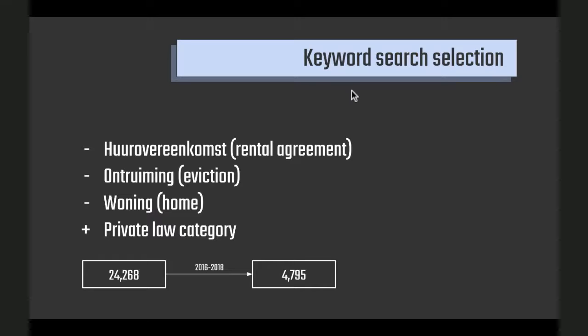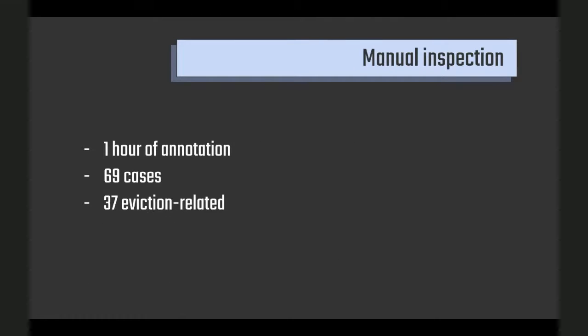These are all the cases that contain those three words and were in private law. So what we did next is we decided to look at them. We did one hour of annotation. Timon, who I mentioned before, built a simple annotation tool, which would show the text of the case, and then you just had to click whether it was an eviction related or non-eviction related case.